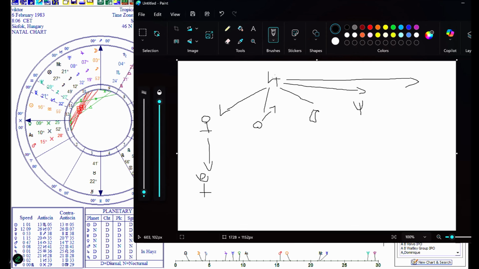So Mars is going to become the final dispositor of your chart as well. And this is not tough, okay? We call this a soul dispositor chart, which indicates someone who is extremely self-sufficient, powerful, and focused. But it can, of course, lead to self-absorption and lack of flexibility as well.